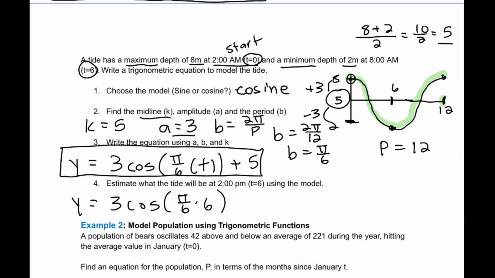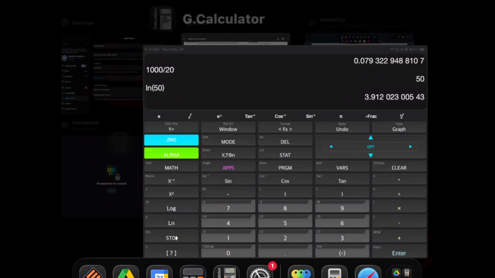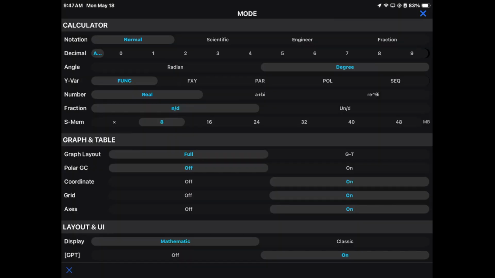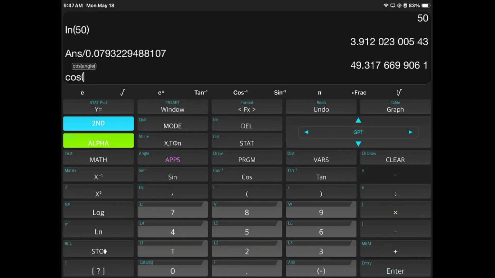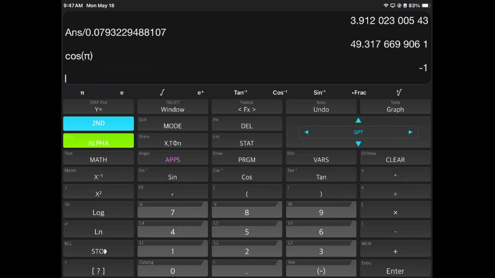They want to find out when time is 6. So if I plug in a 6, you'll see that the 6 will cancel with the 6 on the bottom. I get 3 cosine of pi plus 5. You can look at your unit circle, make sure you are in radians, because this is radians. The cosine of pi is negative 1.